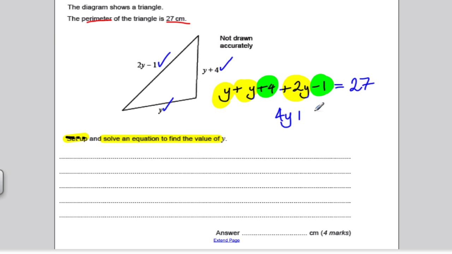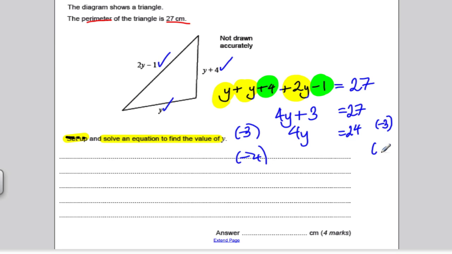So you write plus 3 is equal to 27. Now that's a two-step linear equation. To undo the plus 3, subtract 3 from both sides. So you get 4y is equal to 24. And then to get 1y, divide both sides by 4. Okay, and you get y is equal to 6. So y is 6 centimeters is the answer.